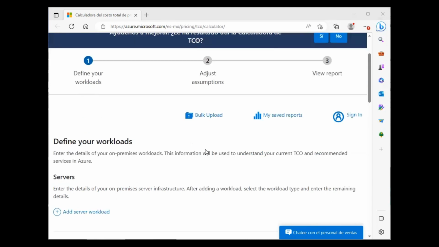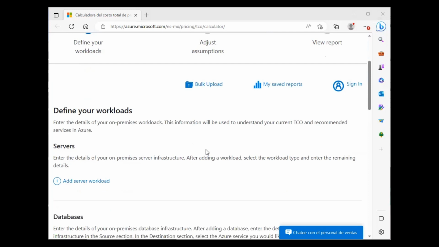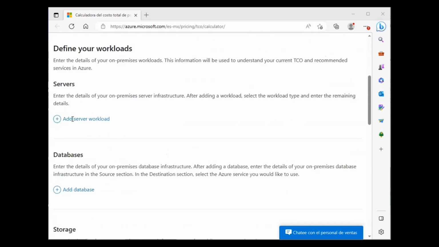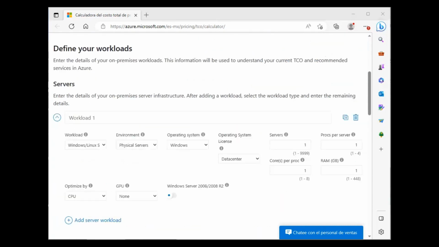Define your workloads in the calculator, add server workloads, and select to add a row for the bank.